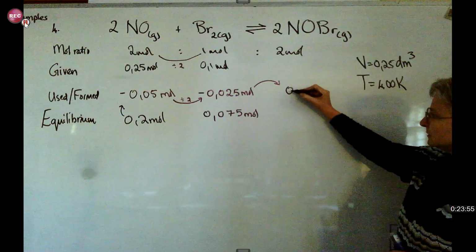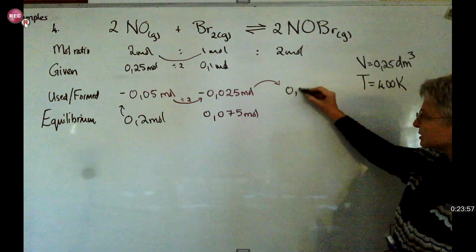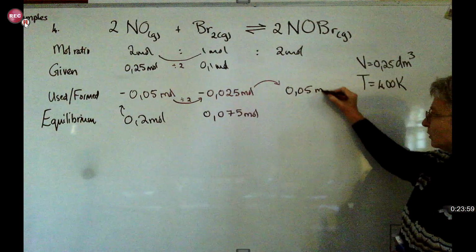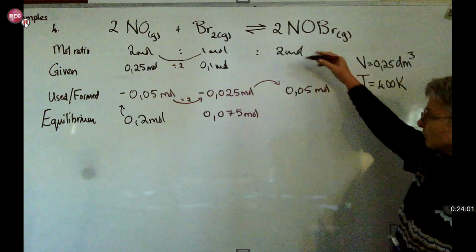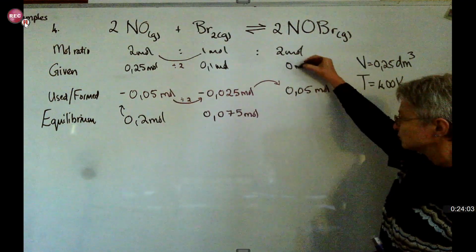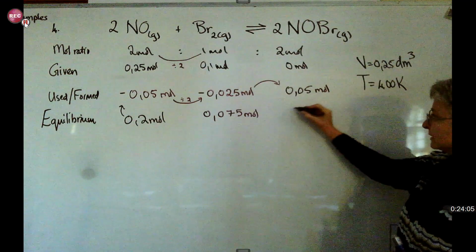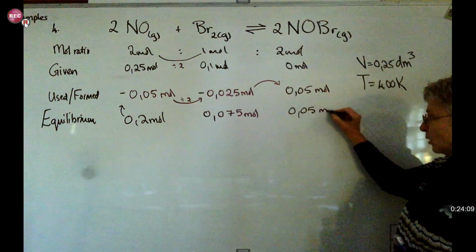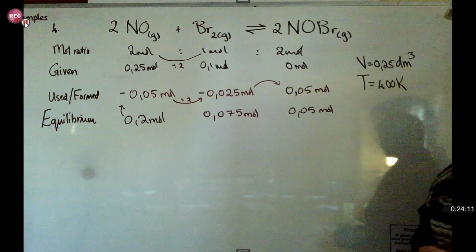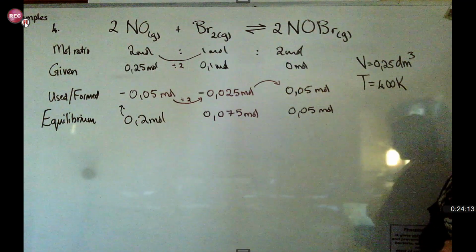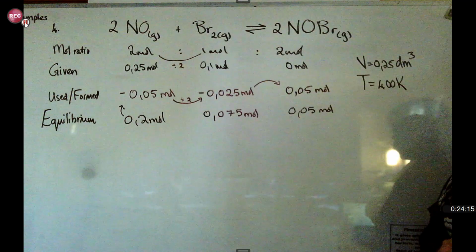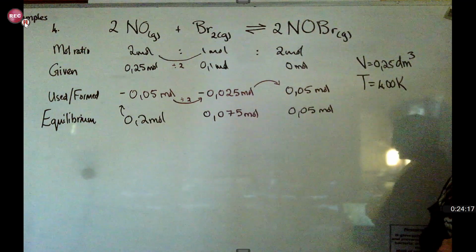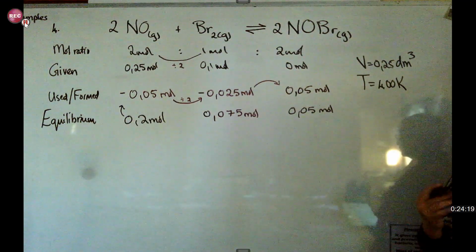Oh, sorry, 0.05. 0.05 mole would be formed. We started off with 0 moles of that, so at equilibrium 0.05 mole will be present. So we've got our equilibrium moles.